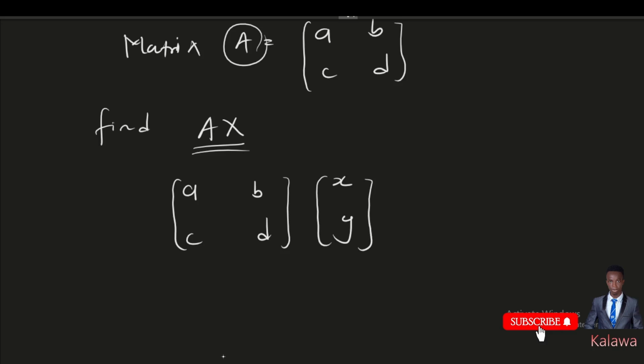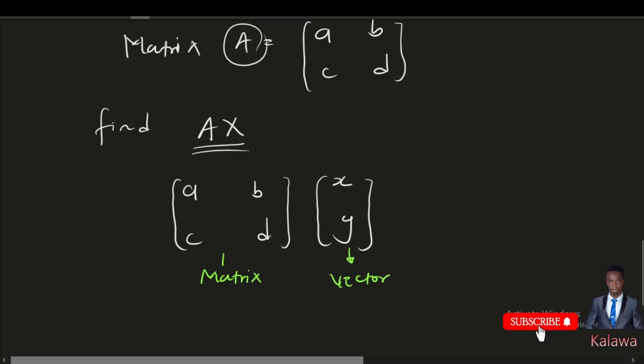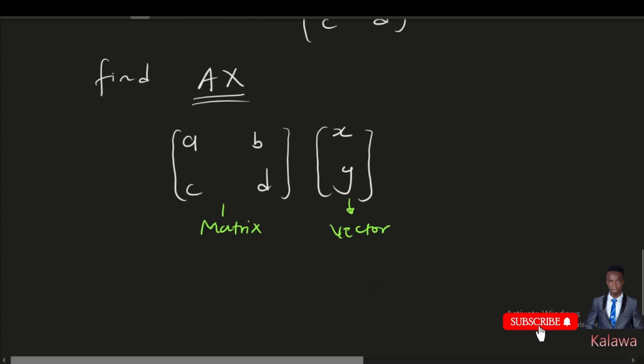So how are we going to multiply this matrix by this vector? Remember the law: we multiply the row of the matrix by the column of the other matrix.